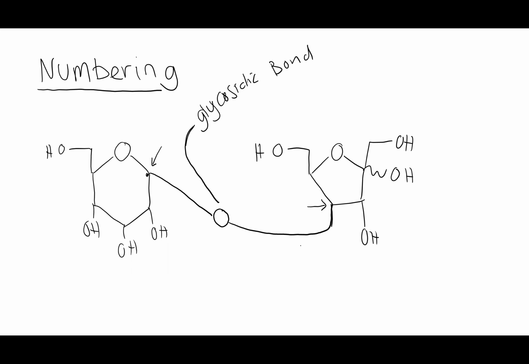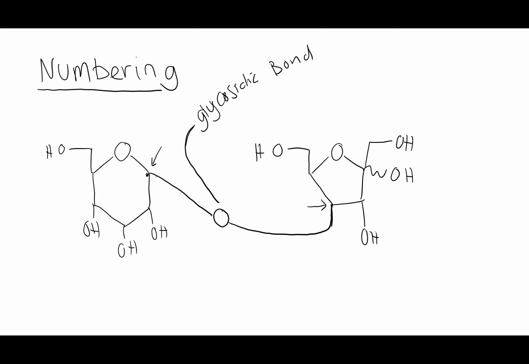Now, there are special ways to name these glycosidic bonds to tell us where they are forming along a ring. One key thing is that if the glycosidic bond utilizes an anomeric carbon's OH group, then we have to say if it is in the alpha or beta position during its bond. How can we tell?